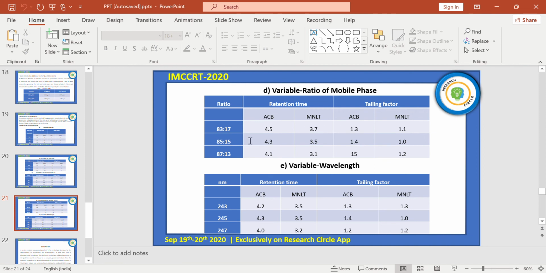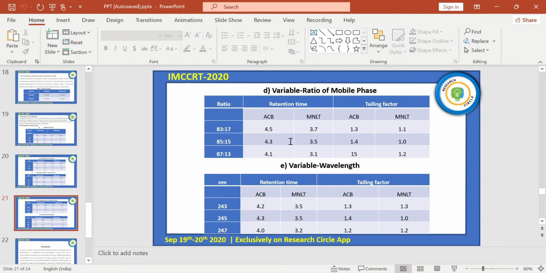Next variable is ratio of mobile phase. So here the first ratio is 83:17. The retention time for acebrophylline was 4.5, Montelukast 3.7. Tailing factor for acebrophylline 1.3 and Montelukast 1.1. Again the ratio is changed to 85:15.